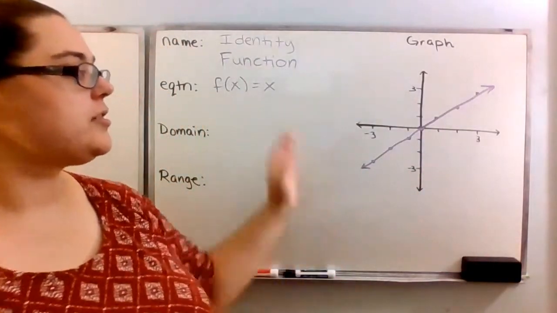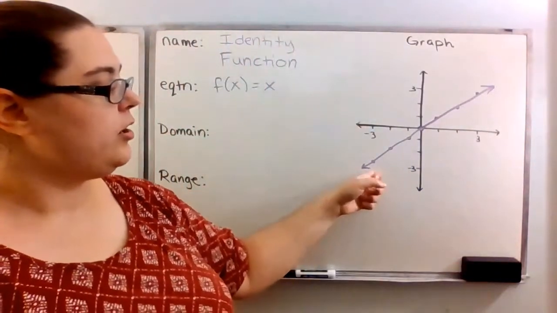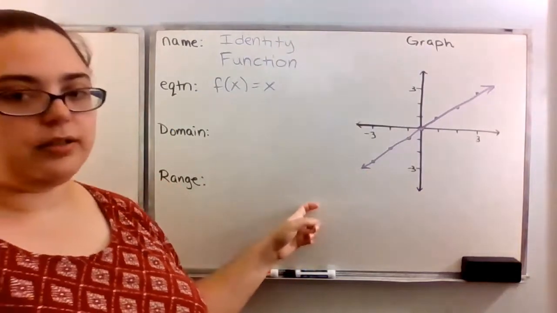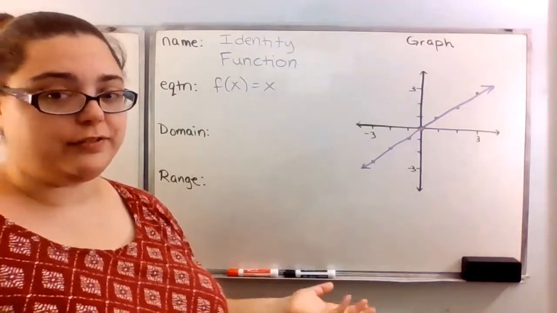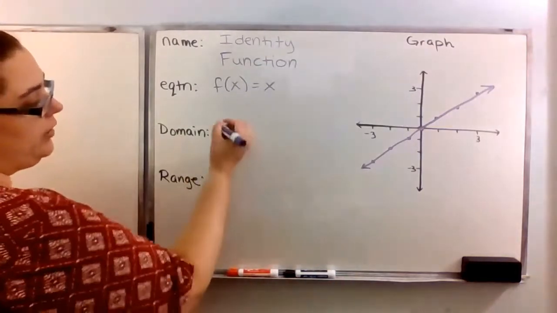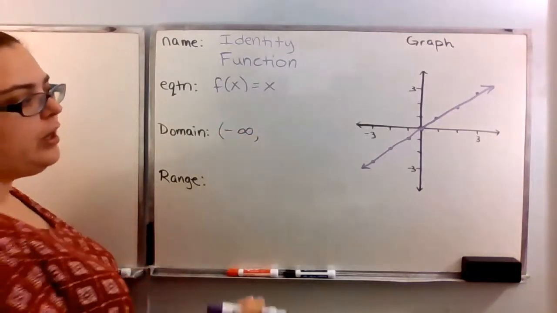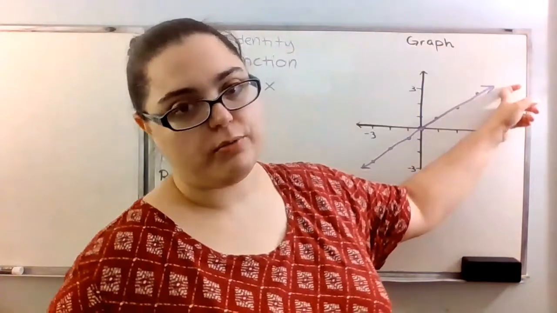Now, in this case, as I move from left to right, I have this arrow here pointing down and to the left, which means it's always going to be going to the left. So there is no beginning point. It starts out at -infinity. So for our domain, we're going to begin at -infinity. Similarly, as we move to the right, we have this arrow that goes to the right forever.